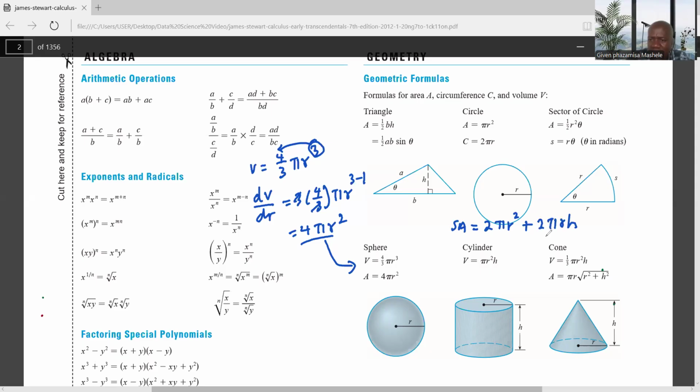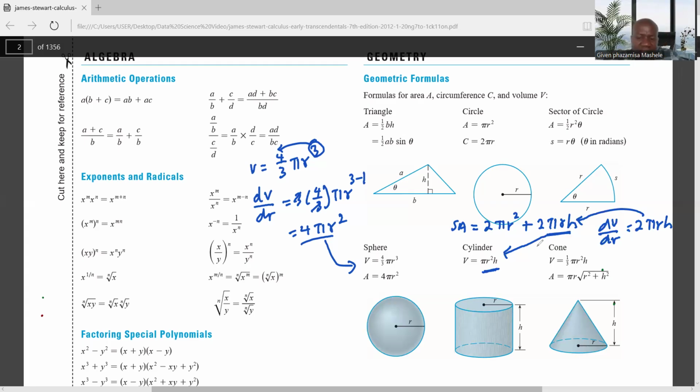And this 2 pi rh actually comes from when we differentiate the volume with respect to r, which gives us the 2 pi rh, which is this part. But since there are circles here, we can still include that.